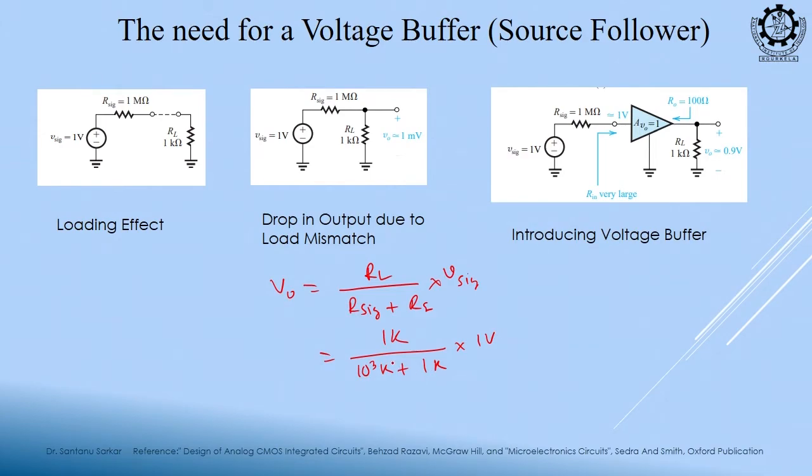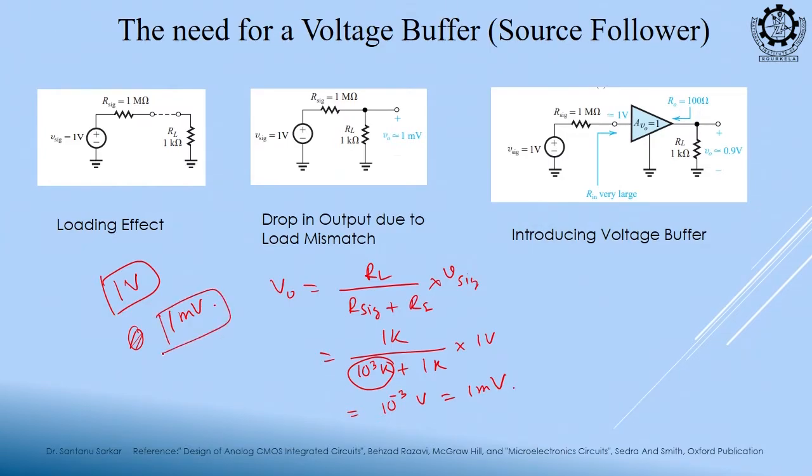If you roughly neglect that, the 1 is neglected. What was our target to deliver? Our target was to deliver 1 volt, and now we are delivering 1 millivolt.